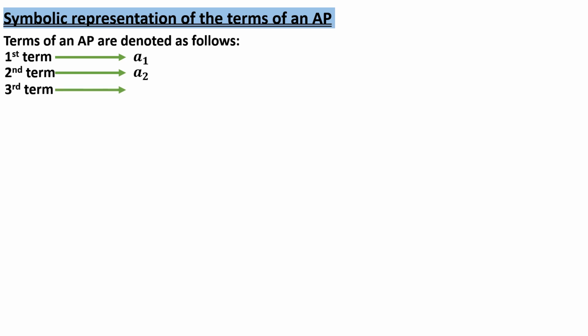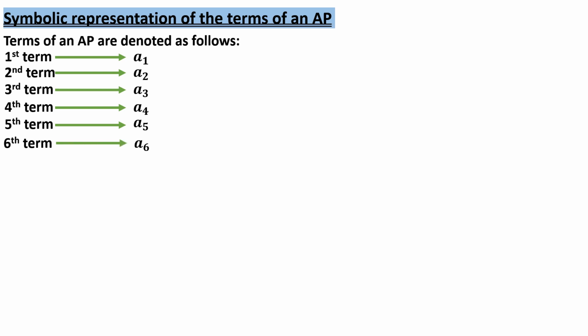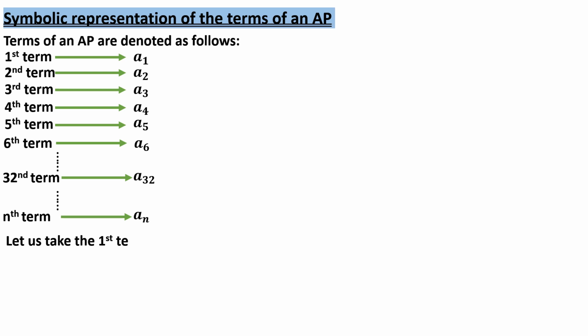Third term a3, a suffix 3. Fourth term, this is a4. Fifth term, a5. Sixth term, a suffix 6. 32nd term, this is denoted as a32. nth term, this is an.